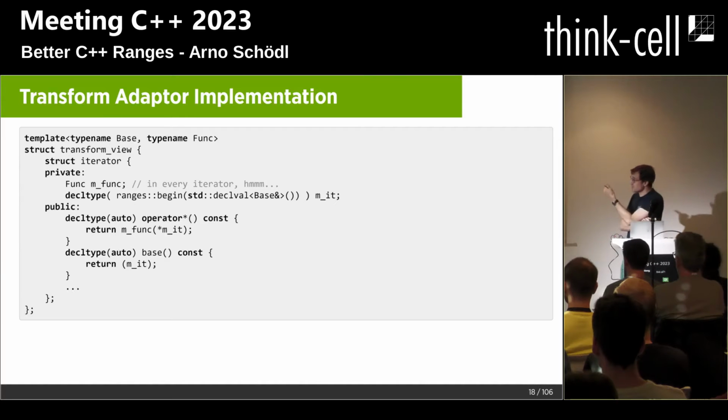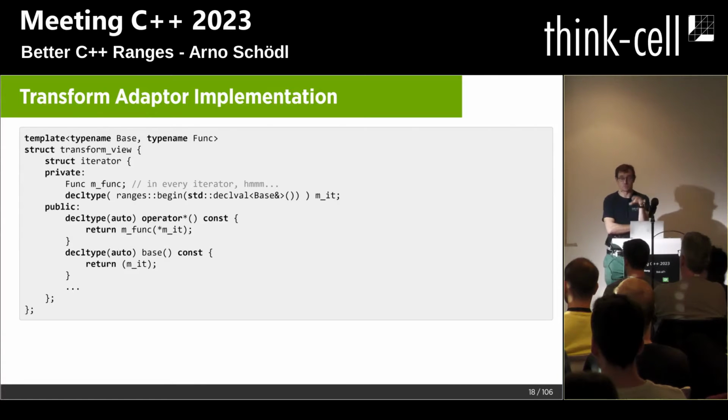And there's also the base, which actually just returns the iterator that is encapsulated, that is aggregated by this wrapping iterator. Take note that we are carrying around this function in every iterator. Maybe not so good. We'll see.